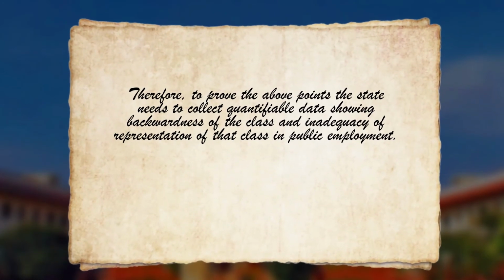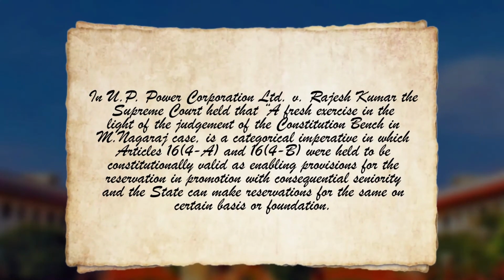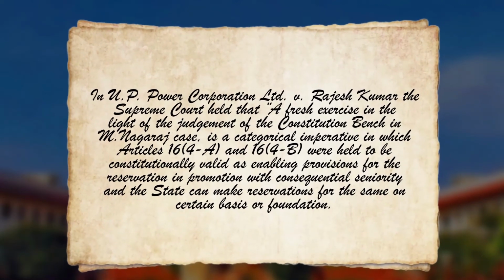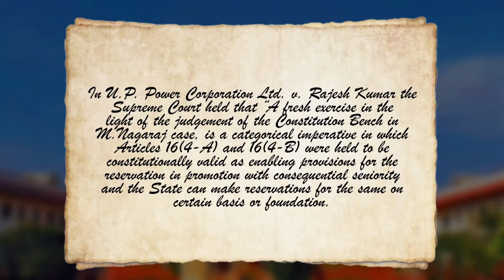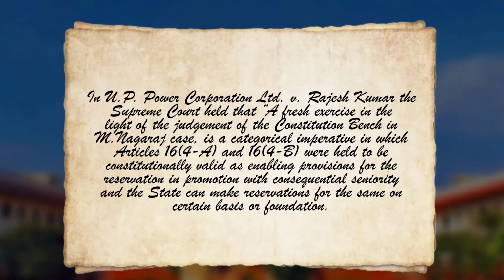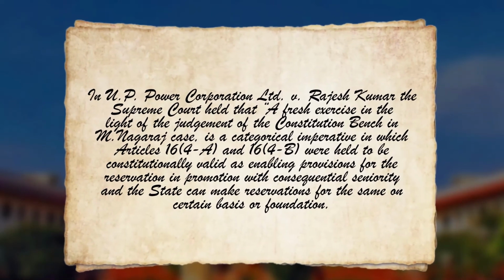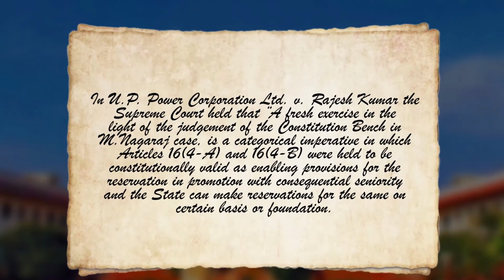Therefore, to prove the above points, the state needs to collect quantifiable data showing backwardness of the class and inadequacy of representation of the class in public employment. In UP Power Corporation Limited versus Rajesh Kumar, the Supreme Court held that a fresh exercise in the light of the judgment of the Constitution Bench in the M. Nagaraj case is a categorical imperative, in which Article 16(4A) and 16(4B) were held to be constitutionally valid as enabling provisions for reservation in promotion with consequential seniority, and the state can make reservations for the same on certain basis or foundation.